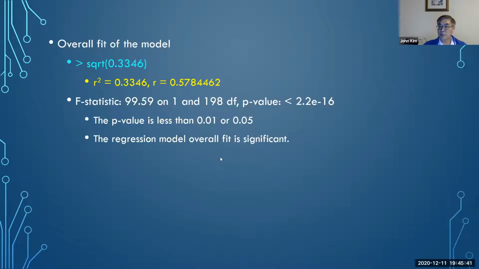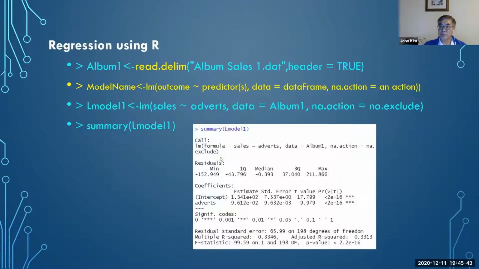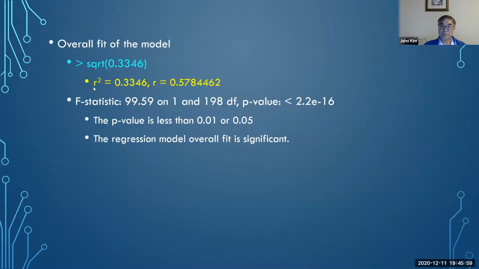From the output here, multiple R-squared is 0.3346. So that is R squared. That means the x variable, advertisement, can explain about 33% of the sales, the y variable.